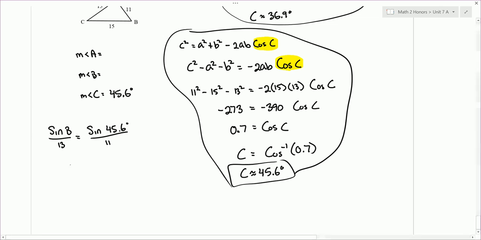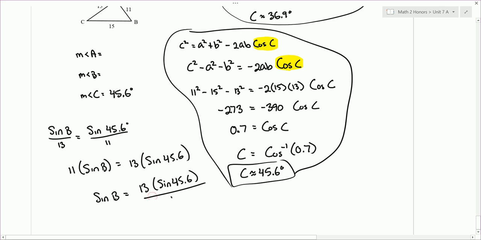And get 11 times the sine of B is equal to 13 times the sine of 45.6. I'm going to divide by 11 and I get the sine of B is equal to 13 times the sine of 45.6 over 11.